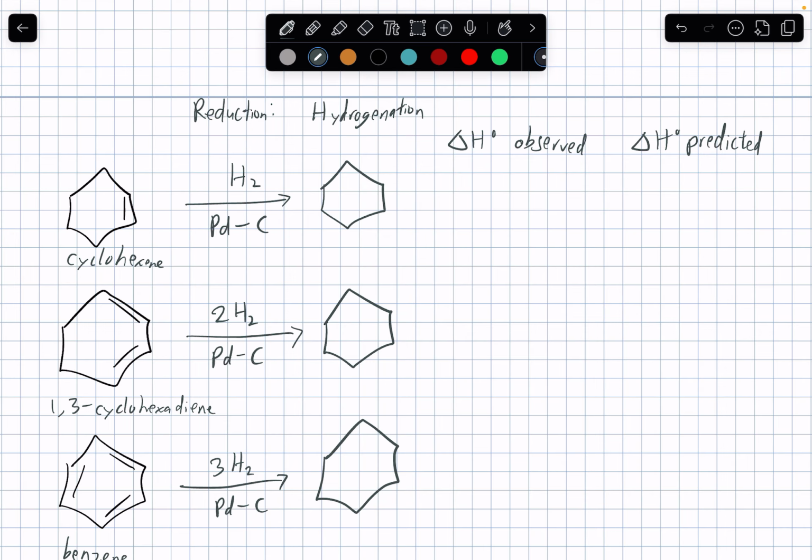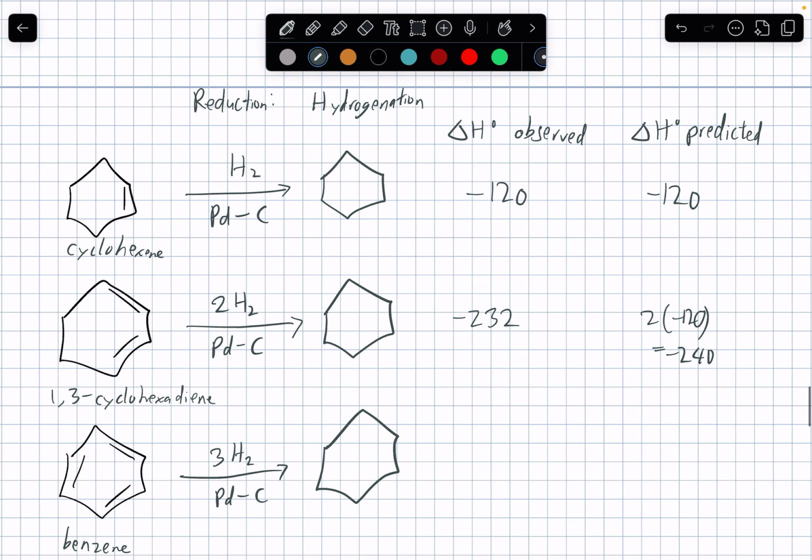For the first compound, cyclohexene, it's the same. There is no difference. In 1,3-cyclohexadiene, there is a slight difference. So this is equal to negative 240.